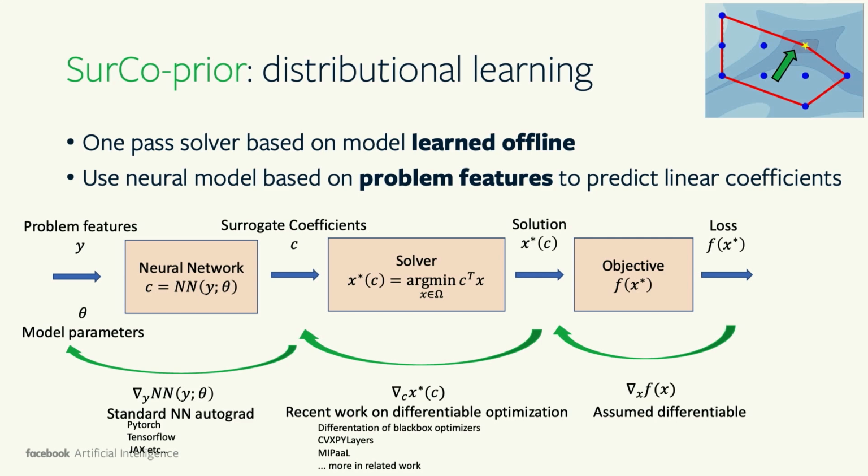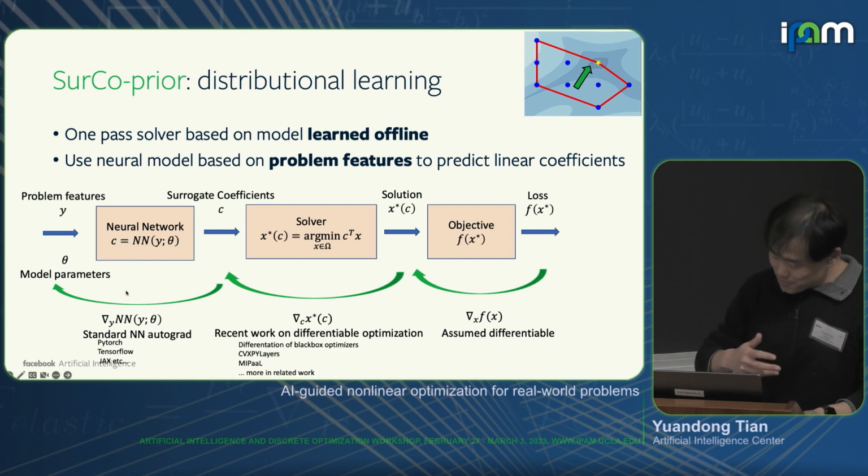So how can we do that? We can use CLOVER-prior. In CLOVER-prior, you still have these two blocks, the solver and the objectives, but now the surrogate coefficient C is not a standalone variable, but is actually a function of the problem features, which we know beforehand. Then we do backpropagation all the way through.